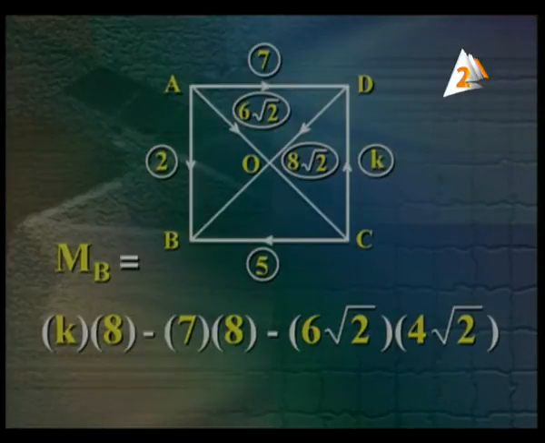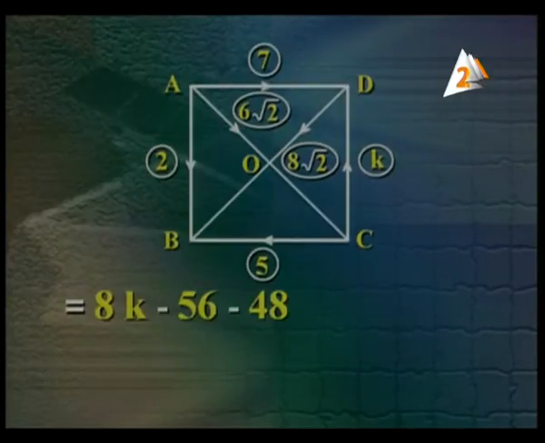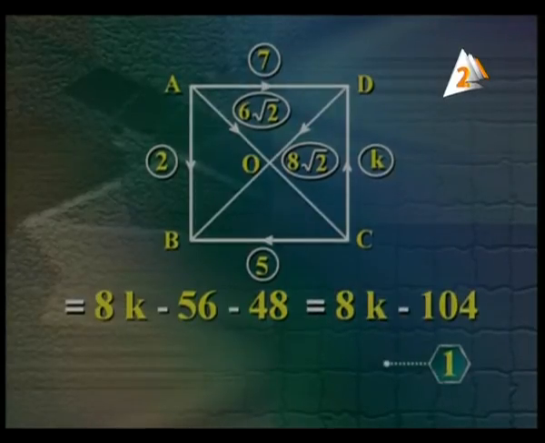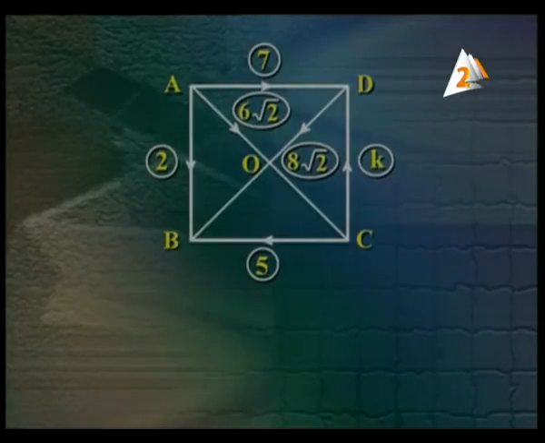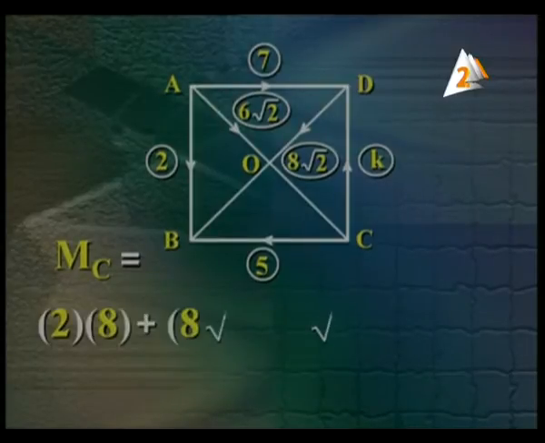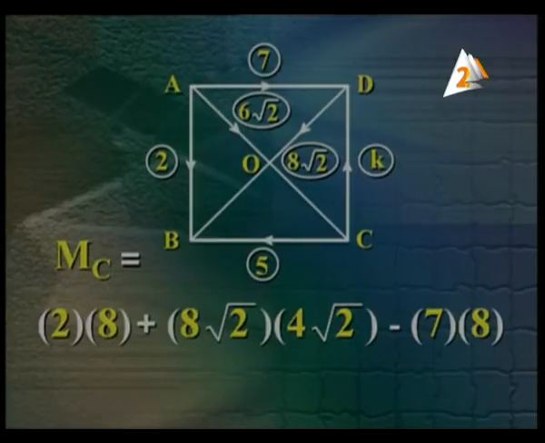Also we say the moment about C equals 2 times 8 plus 8 root 2 times 4 root 2 minus 7 times 8, which is equal to 16 plus 64 minus 56, or equal 24 as second equation.